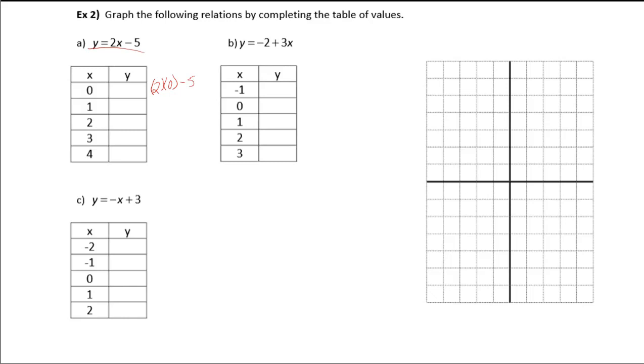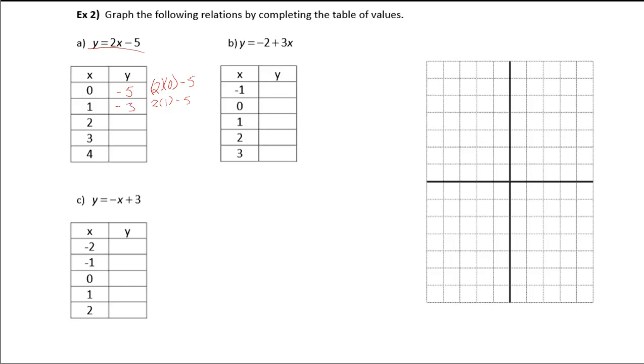Well, 2 times 0 is 0, minus 5. 0 minus 5 just gives me -5. Now I'm going to sub in 1, so 2 times 1 minus 5. Well, 2 times 1 is 2. 2 minus 5 is negative 3.